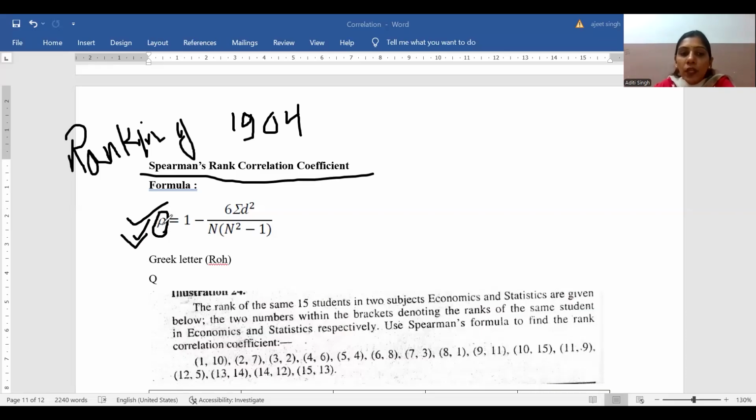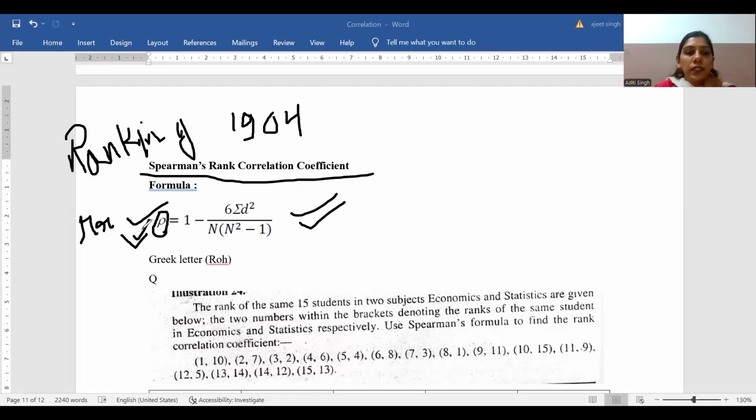This is rho, which is also denoted by R. So the formula is 1 minus 6 sum of d square divided by n times n square minus 1. This is the formula for calculating the Spearman rank correlation coefficient, also the ranking method.